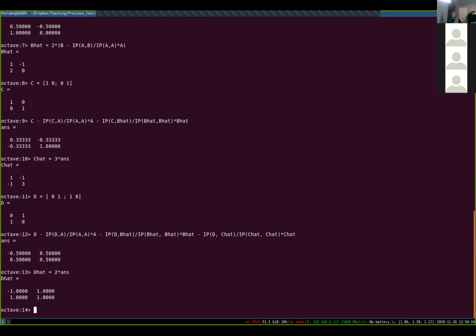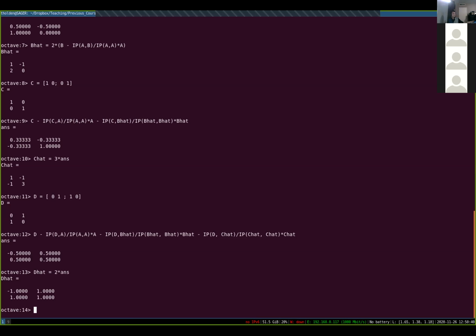The only thing you're going to run into trouble with is at each stage, I scaled the answer so that I didn't have nasty fractions. If you were to actually code this to do your entire Gram-Schmidt from start to finish, you're probably going to leave the fractions in there. So the answers that you get out might be a little bit on the messier side, right? And it might even be possible that Octave has a Gram-Schmidt orthogonalization built into it, but we'd have to look into that. I actually don't know if that's true.